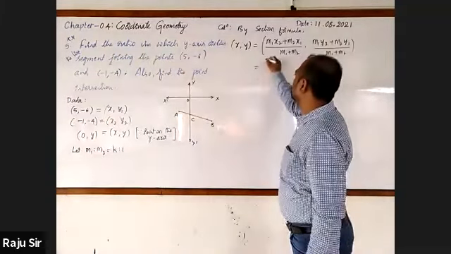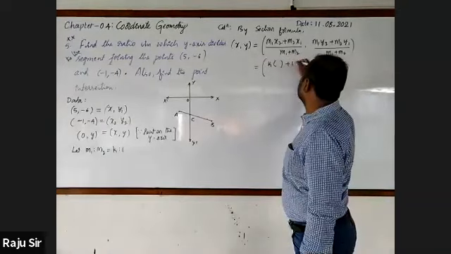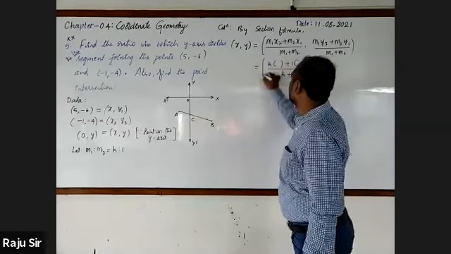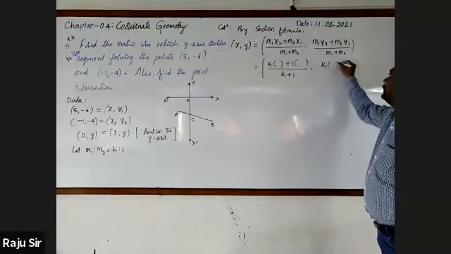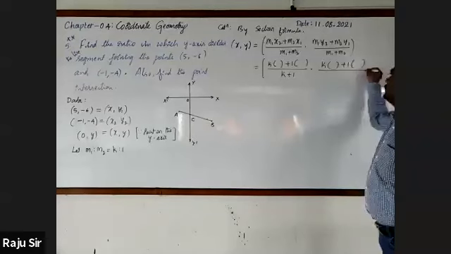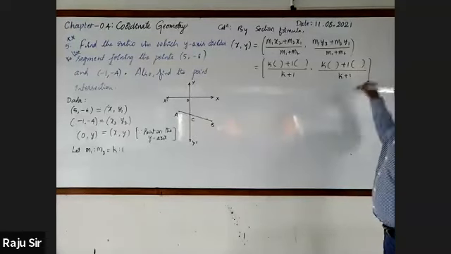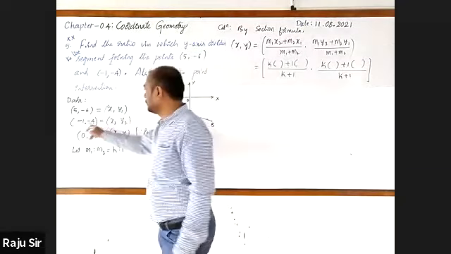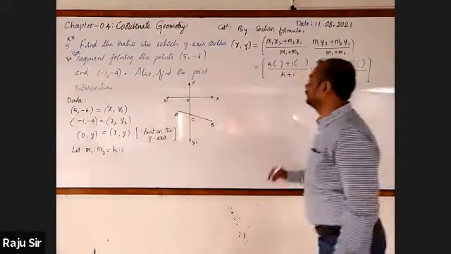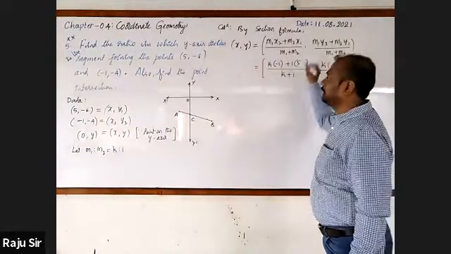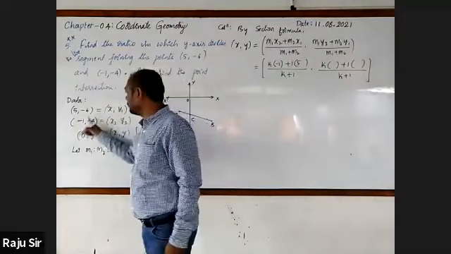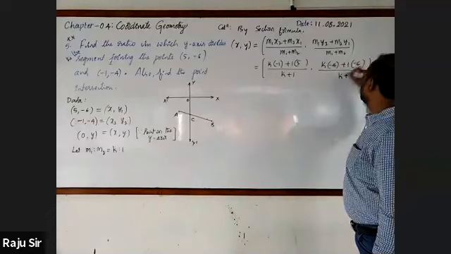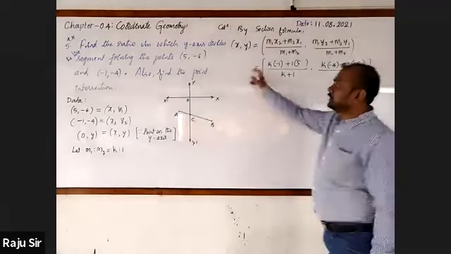For x2, x1: -1 and 5. Next y2, y1: -4 and -6.